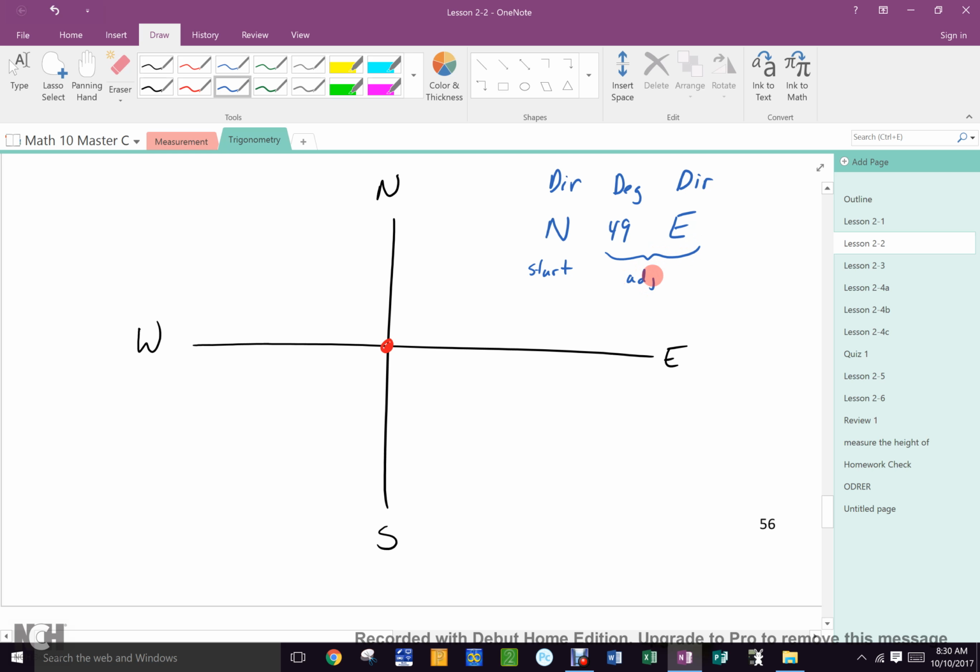In which case, you guys should then be looking at, in your books, a page entitled Test Review. It's page 72.